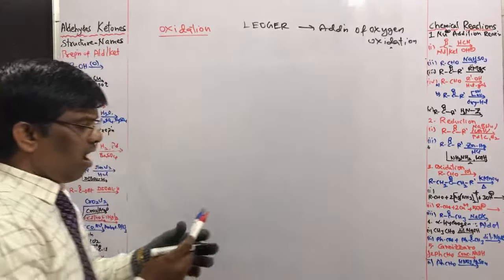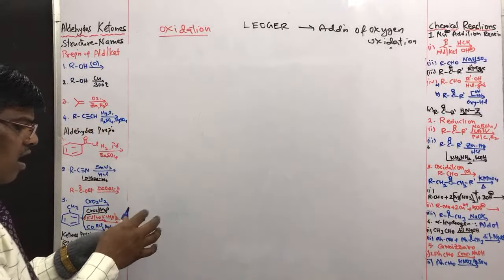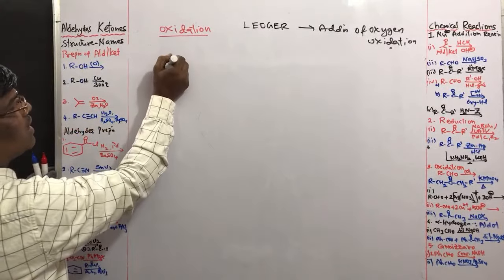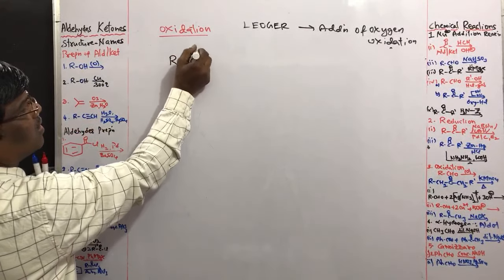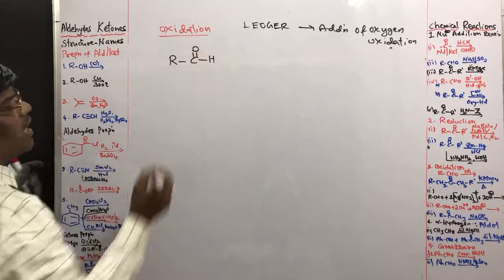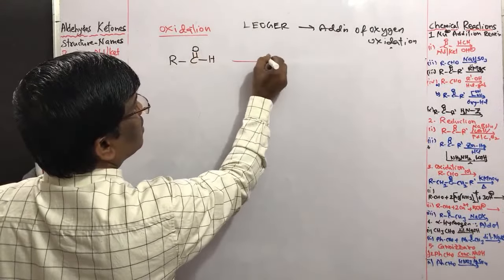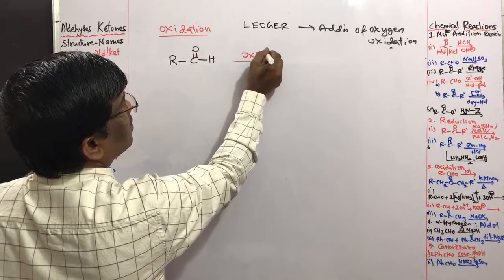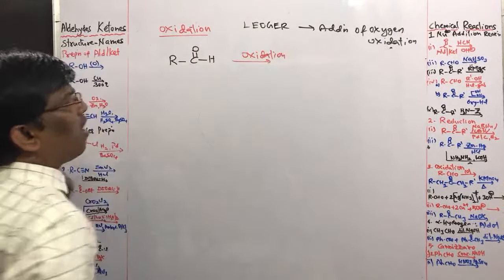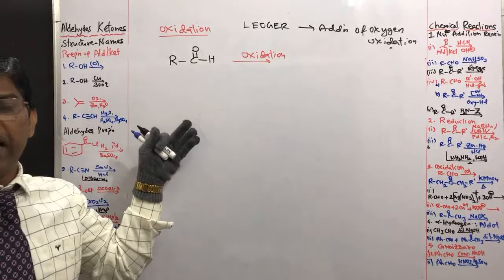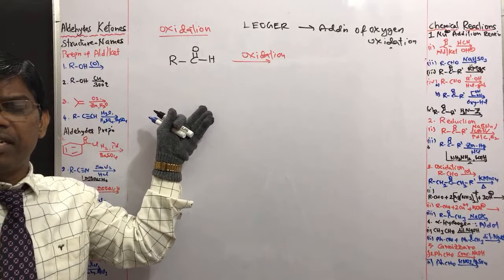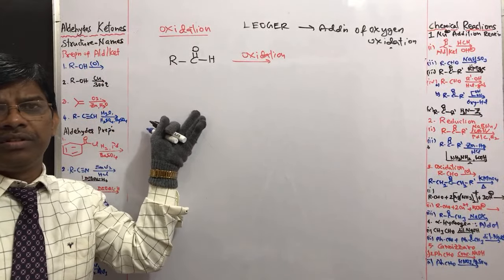So already aldehydes or ketones are having one oxygen. This aldehyde, when I do the oxidation, so aldehydes easily undergo oxidation reaction when compared to ketones.